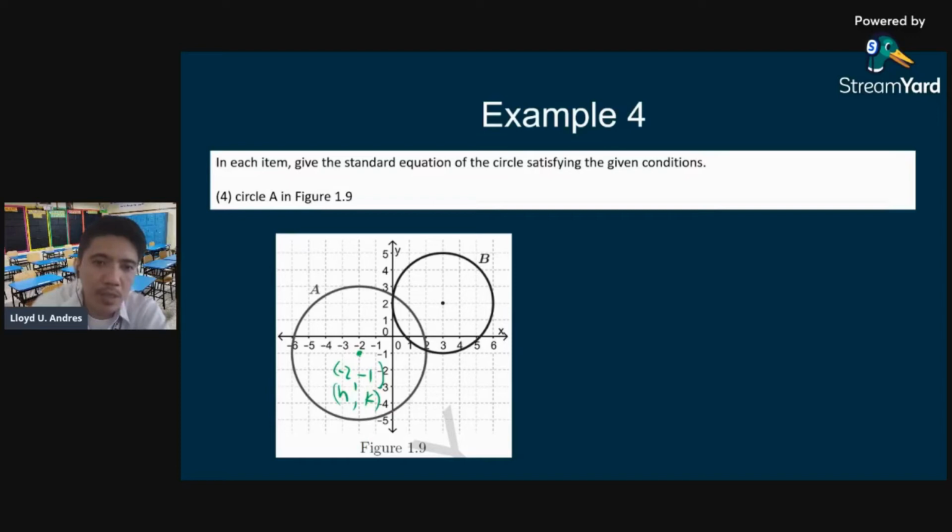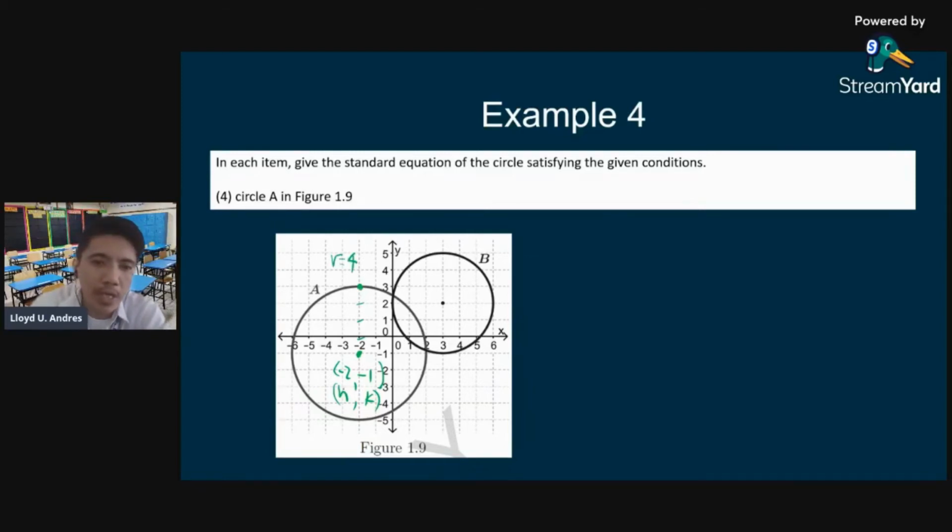You can go upward, downward, or sideways. Let's go upward. From here, we count 1, 2, 3, 4. We have 4 units from the center to the circle. So our radius is equal to 4.